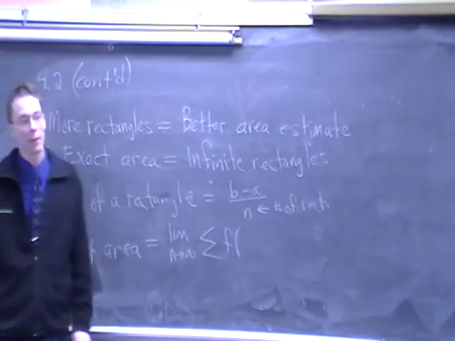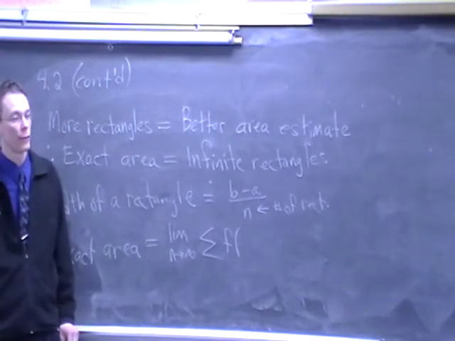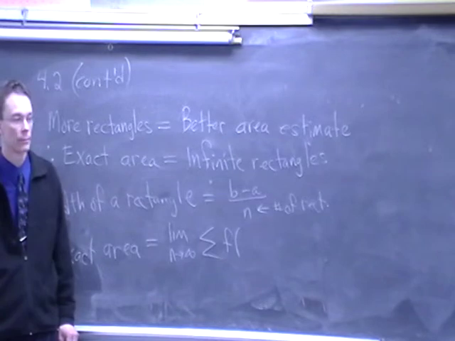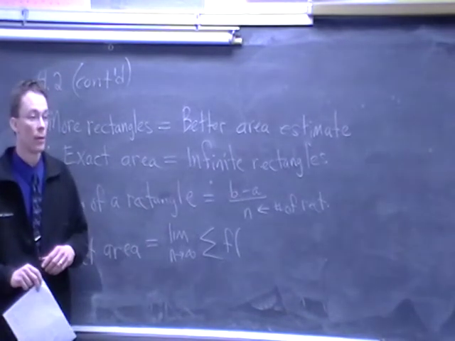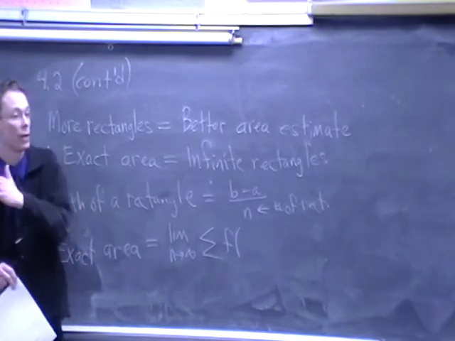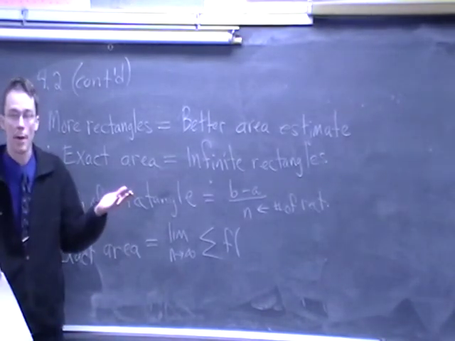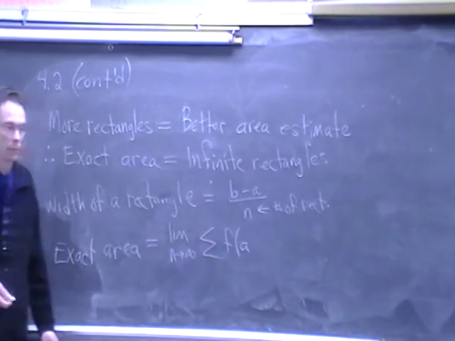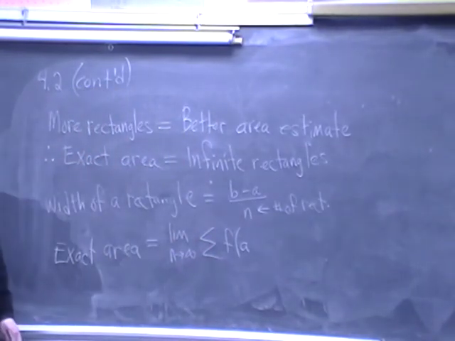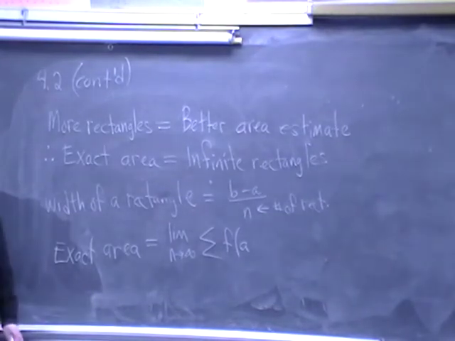If you're using left endpoint rectangles, what's the very first number you want to plug in? If your interval starts at 0, you plug in f of 0. In general, you want to put in the left endpoint, which we call a. So a is going to be the first thing you plug in. That'll give you the height of the leftmost rectangle.